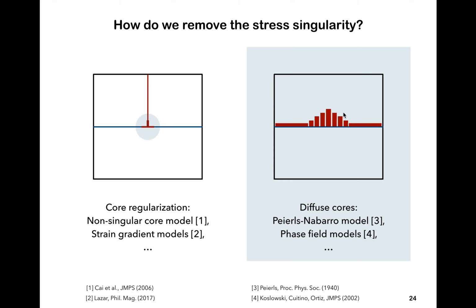Okay, and what I want to do in the next lecture is to show in outline how one particular example of this diffuse core model works, and that model is going to be the Peierls-Nabarro model. It's a very nice model which shows you how, using linear elasticity and some clever models, you can illustrate the dislocation core structure.